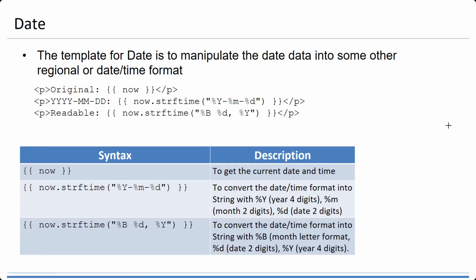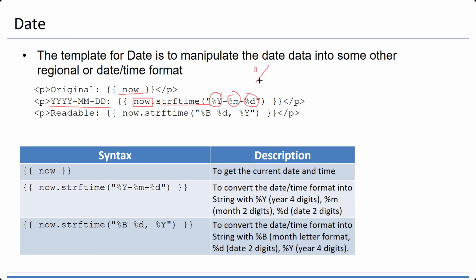Now, for example, I'm using now, which is the current day, and I'm going to put the format like this one, YYYY. So the current time, now I would like to change to the string format time, and the format will be %Y, %m, and %d.